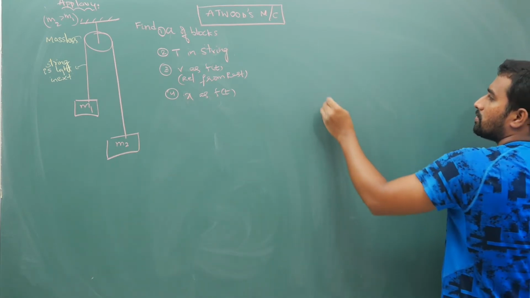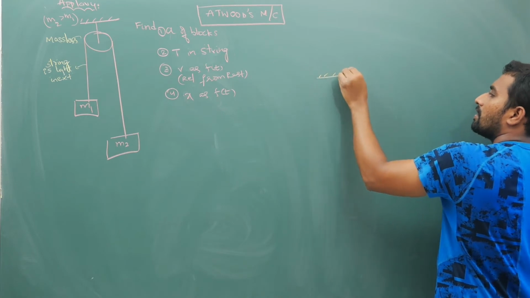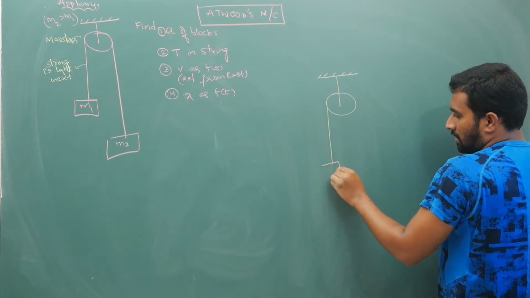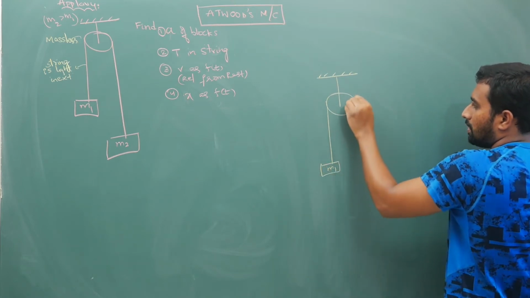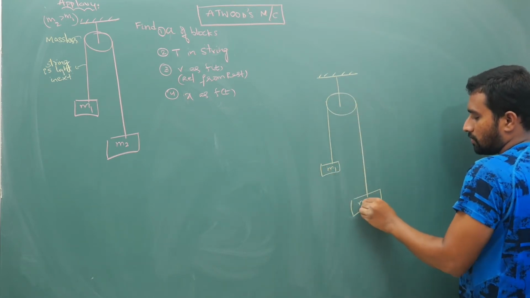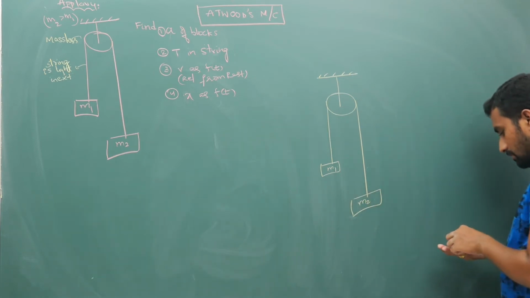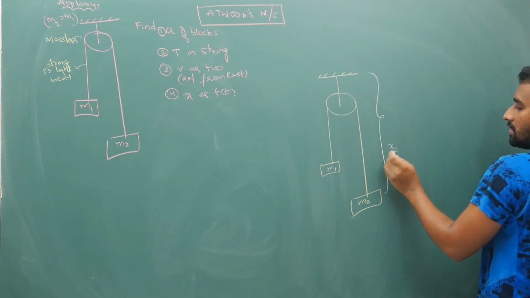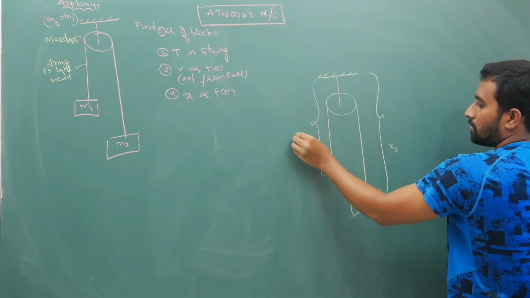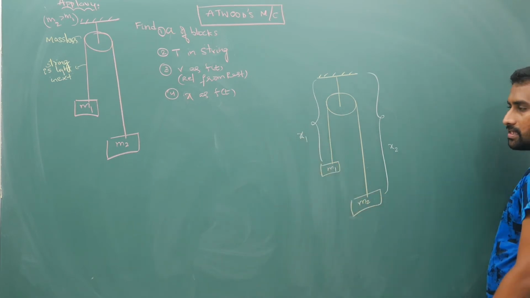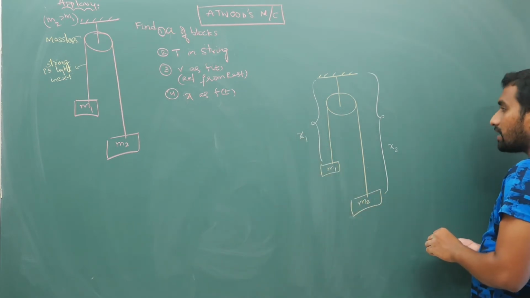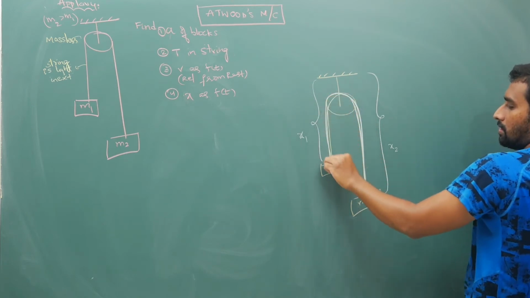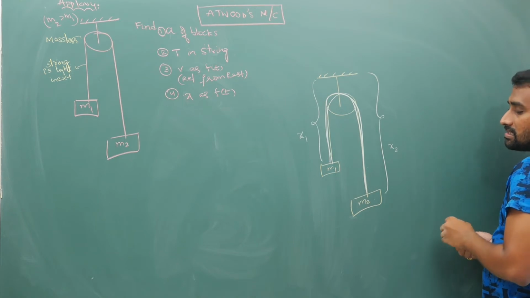Unless otherwise mentioned, consider massless. Massless means it will not consume any energy. Now why is this inextensible part? I will tell you. If this is m1 and this is m2, and from here to here the distance is x2 and from here to here the distance is x1, look at this string.